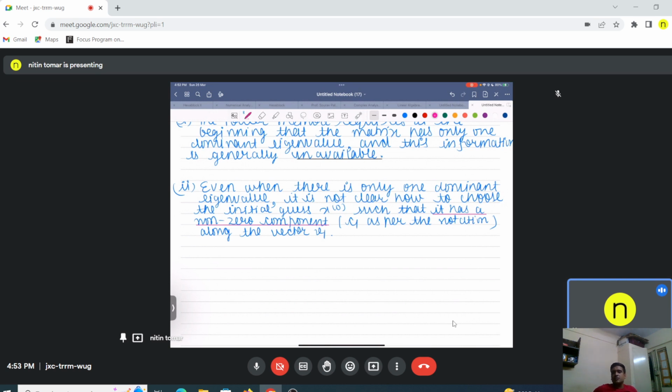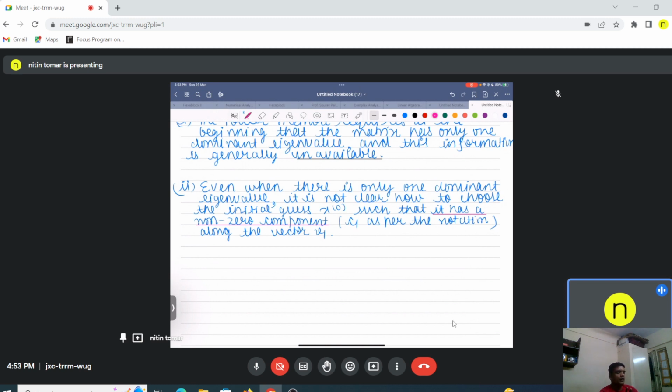Again, this is paradoxical in the sense that we want to ensure the coordinate of x0 along v1 is non-zero, but v1 we also want to compute, because v1 is an eigenvector corresponding to the dominant eigenvalue. So we want to compute a dominant eigenvector, but the hypothesis also involves a certain condition involving the dominant eigenvector.